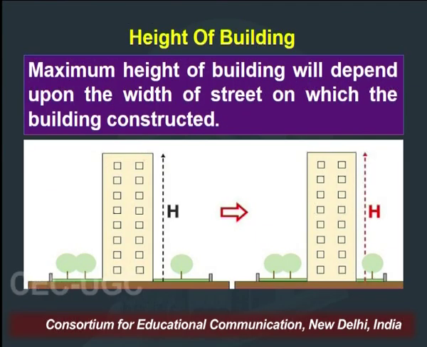It will also lead to the height of the building, as the maximum height of the building will also depend upon the street on which it is constructed. A basic norm is that the height of the building cannot be more than 1.5 times the width of the street, which is again directly related to the FAR aspect of the developmental control norms.